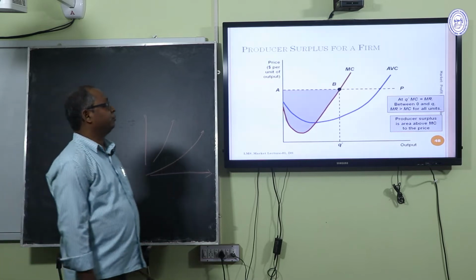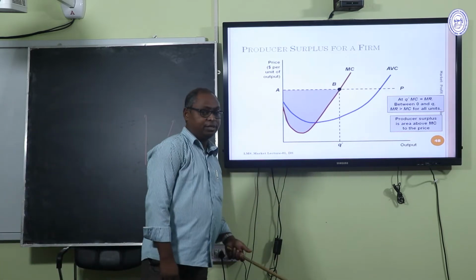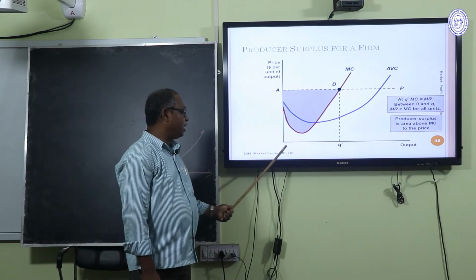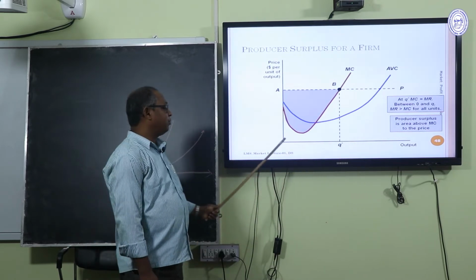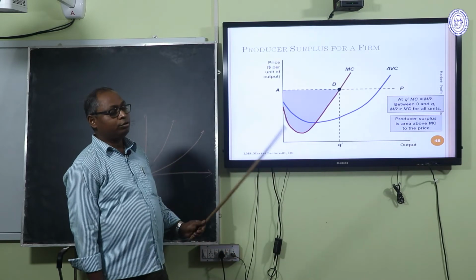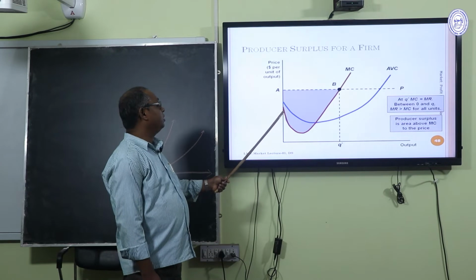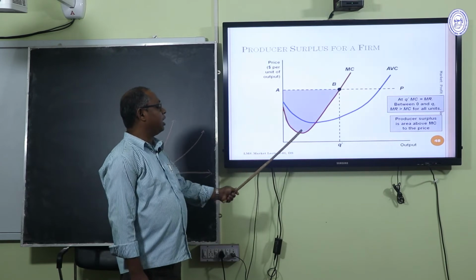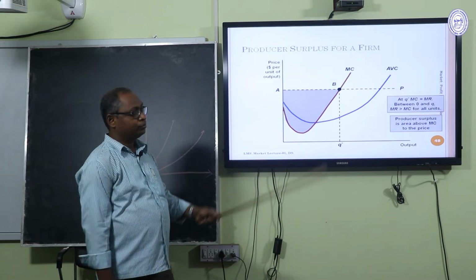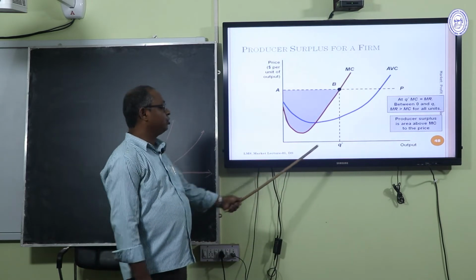This is the picture from which we can get the amount of producer surplus in the short run. Here output is Q star, and to produce Q star, the firm has to incur a cost, which is nothing but the area under the MC curve. So this is the integration of MC from 0 to Q star.